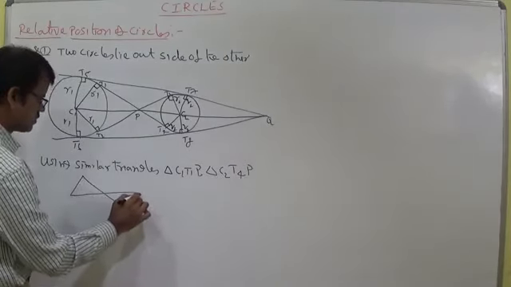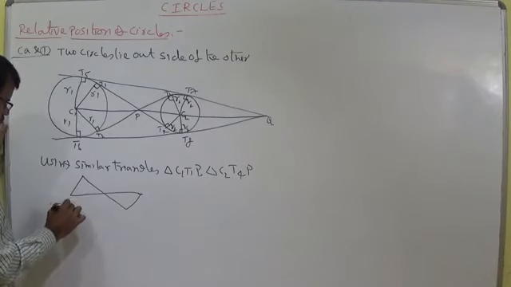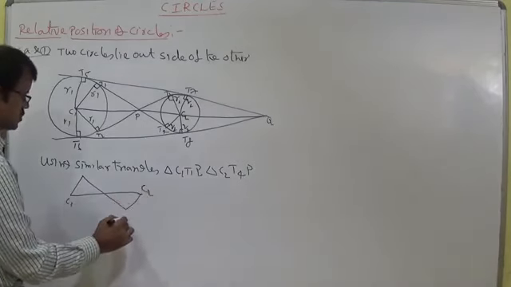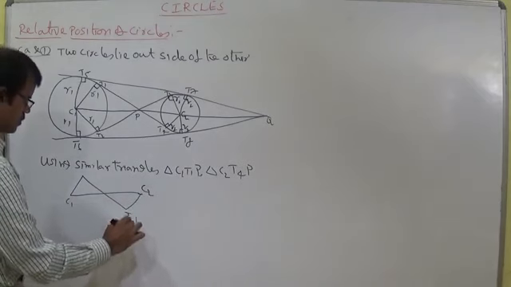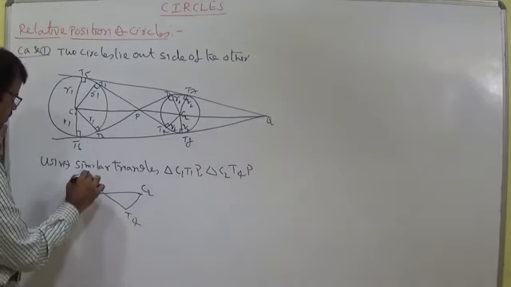What is happening here? This is C1, this is C2, this is T4, this is T1.